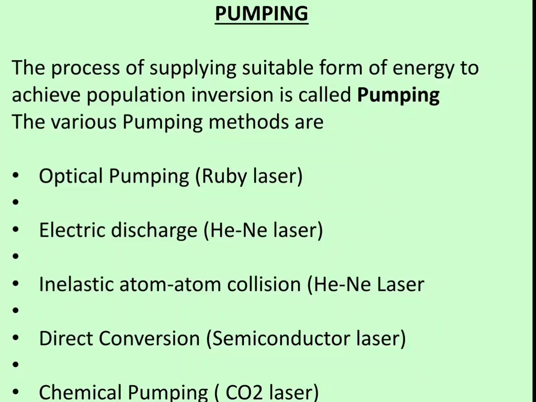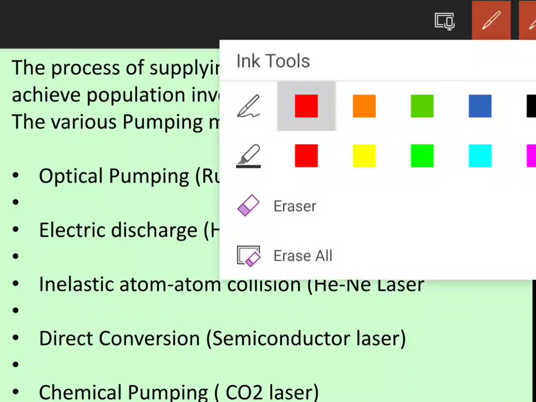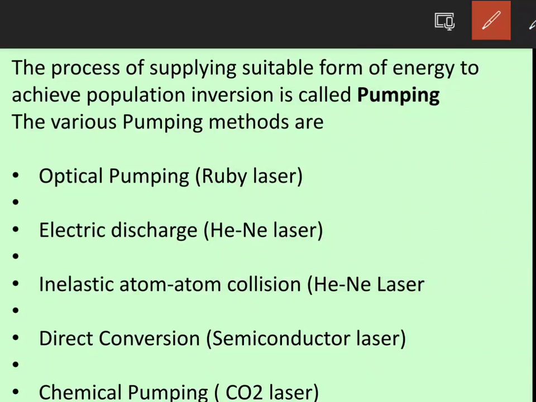So in this session we discuss the different types of pumping methods, and what the 3-level pumping scheme and 4-level pumping scheme are. Then what is pumping? Pumping is the process of supplying a suitable form of energy to achieve population inversion.